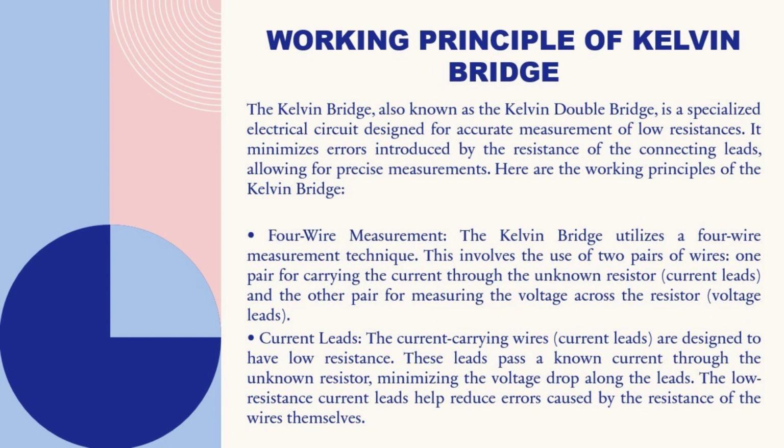So here are the working principles of the Kelvin bridge. First is 4-wire measurement, where the Kelvin bridge utilizes a 4-wire measurement technique. The second is current leads, where the current-carrying wires are designed to have a low resistance.